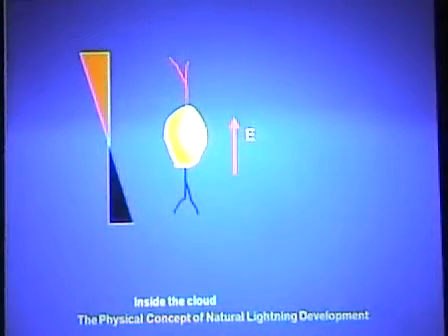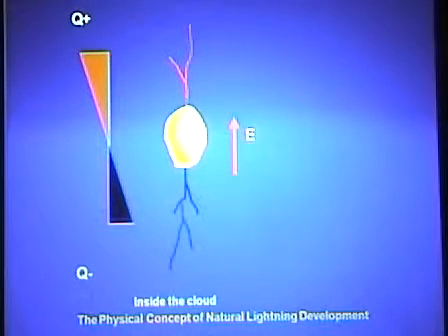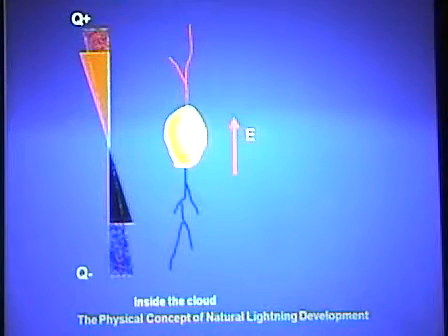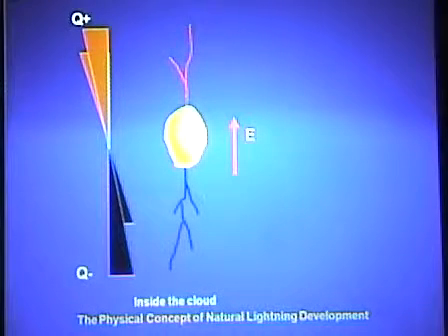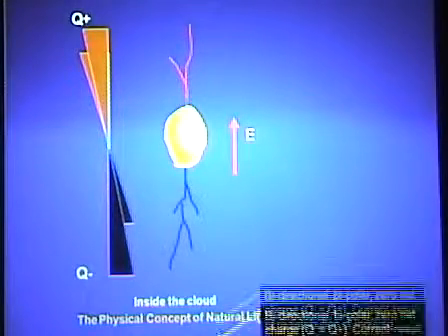You have this dipole distribution, and you have development of this bidirectional leader with a different distribution in this case. And when you have a changing distribution of charges, you have a current which flows in the leader, and this is the current flowing in lightning.